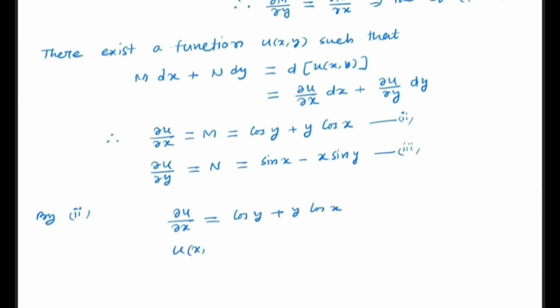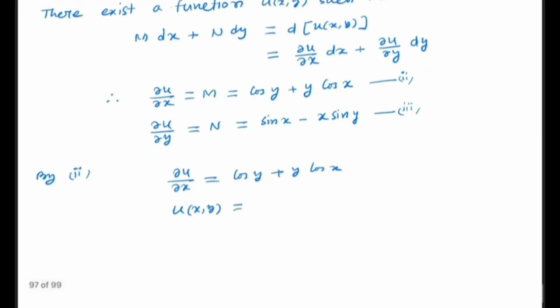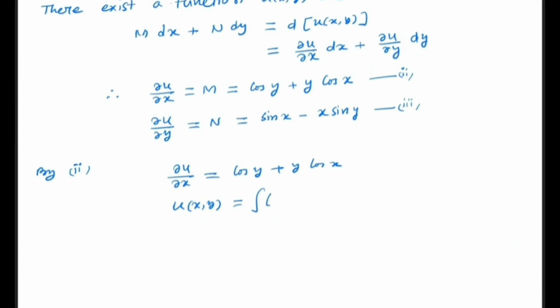So if we try to find u(x,y), then we have to integrate this function with respect to x. Since this is a partial derivative, the variable y must be constant. So we perform this integration by keeping y constant.